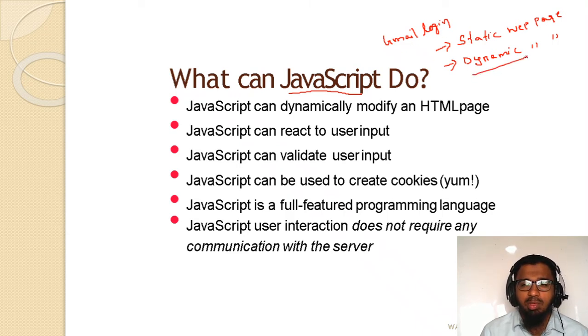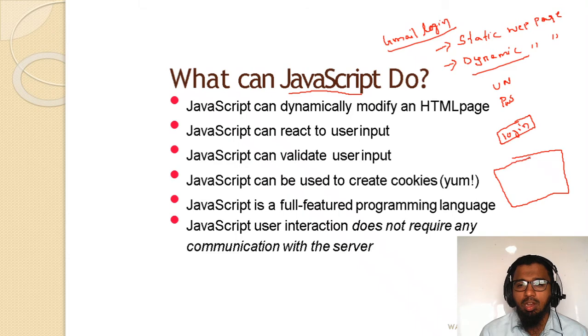What is dynamic? Dynamic means when we are getting into Gmail, when we use username and password, and when you click the login button, that time it will display your information. The next page will be displayed like Gmail.